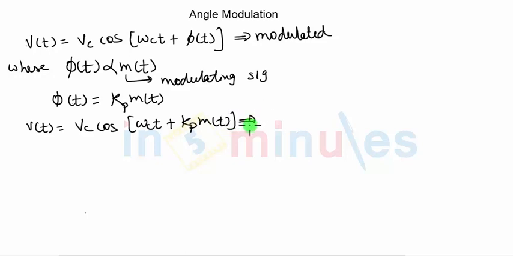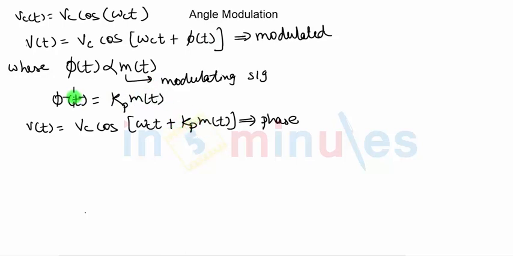You can easily make out that phase of the carrier signal, the carrier originally may not have any phase. Let's say the carrier signal vc(t) originally was Vc cos omega c t. So let's say the original phase angle was 0, but now the new phase is a function of time, and not just that it is function of time, it is proportional to the amplitude of the modulating signal.